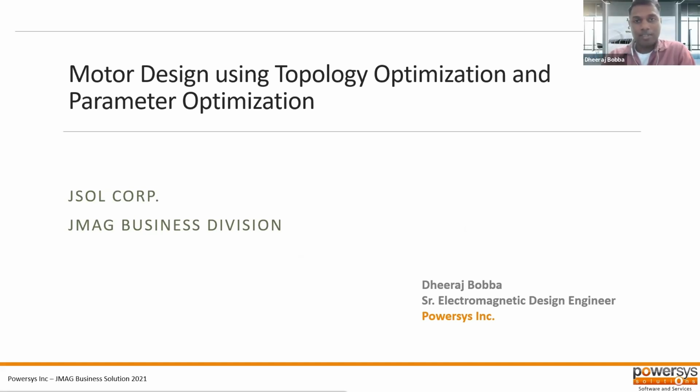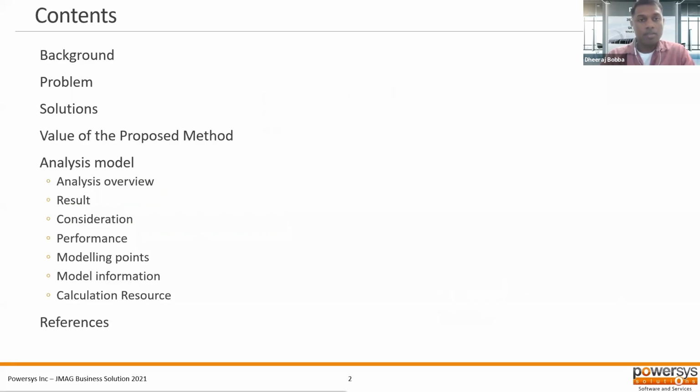Hello, welcome to this session on optimization. This is a session created in collaboration with JSOL, which is the developer for JMAG, and the title is motor design using topology optimization and parametric optimization. This is the overview of the session.